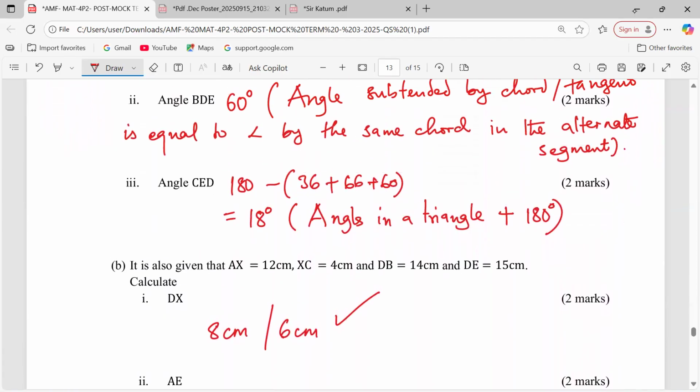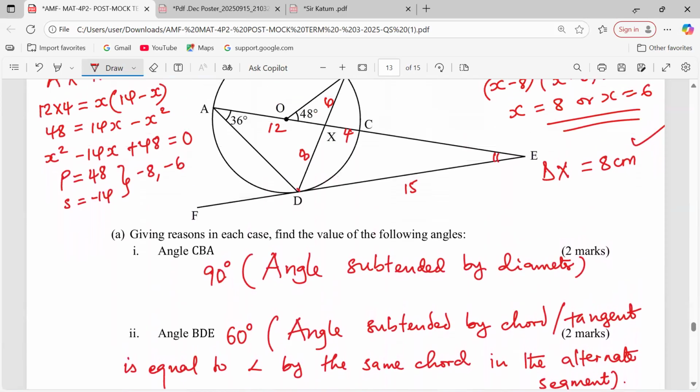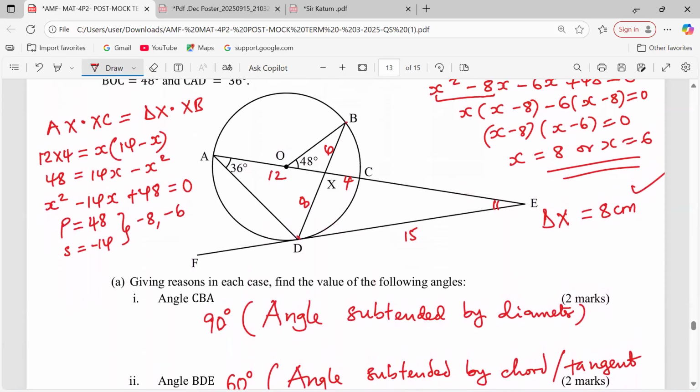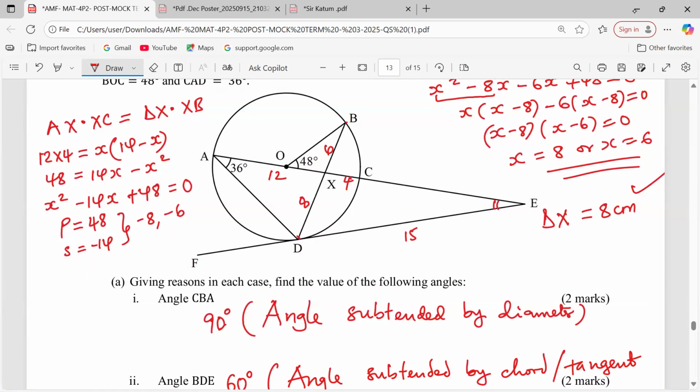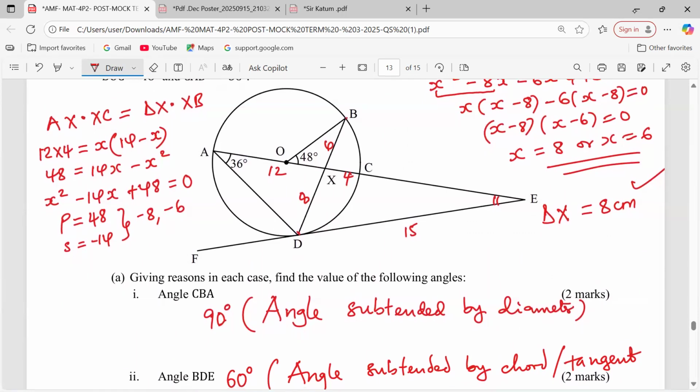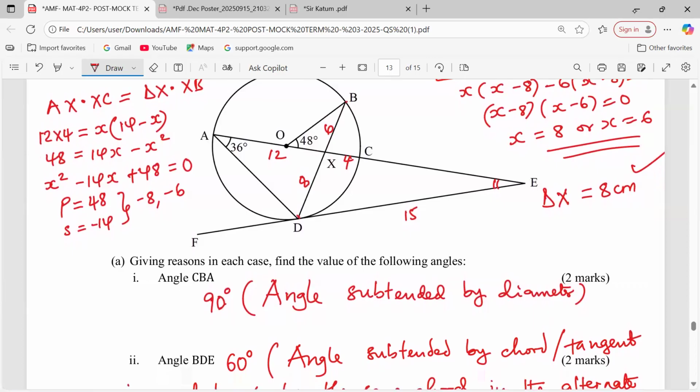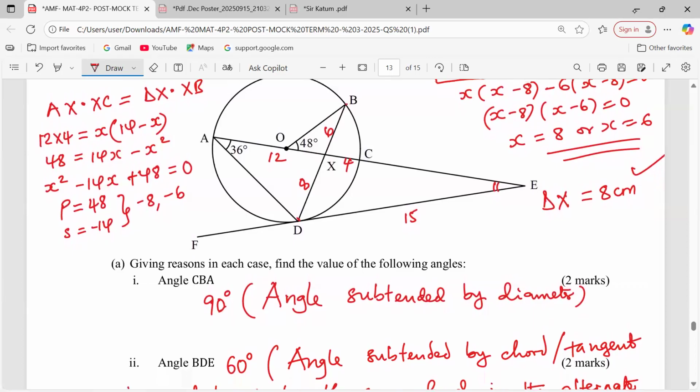A to E, the distance A to E, the whole of that distance. Again, this is an external intersection of a chord and a tangent, whereby we say this length is not known, and we can let it be x. Or we can use another unknown. Let me use y.